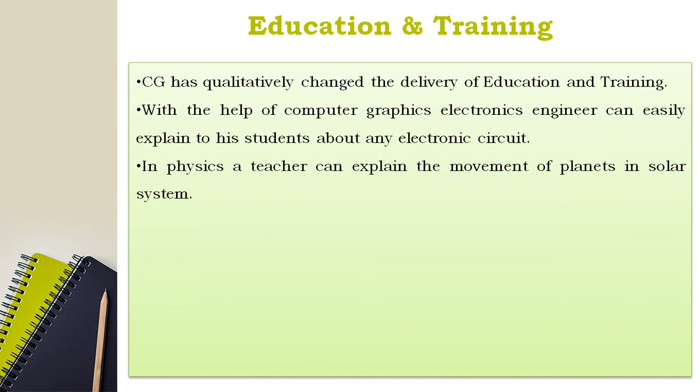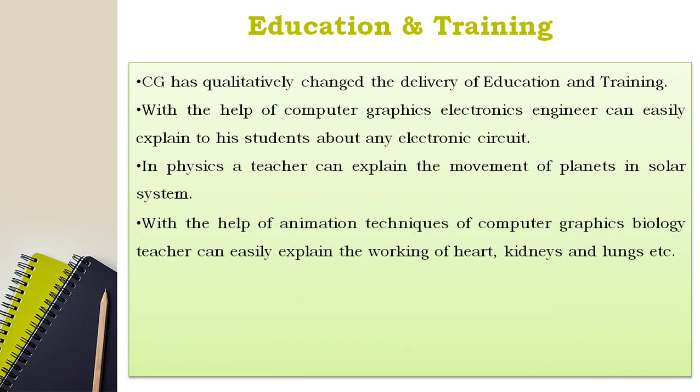In physics, a teacher can explain the movement of planets in solar system. These are just some examples, but in every department we can apply the content. With the help of animation technique, a biology teacher can explain easily the working of heart, kidneys, and lungs.